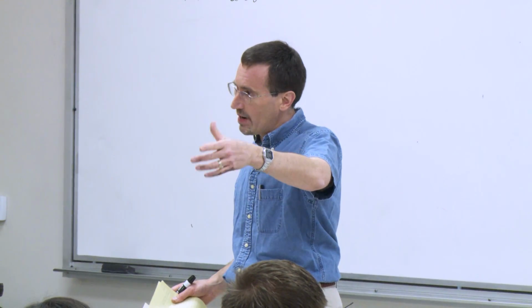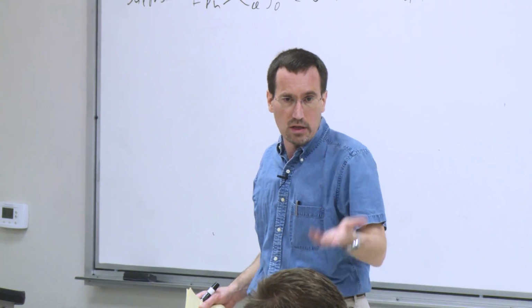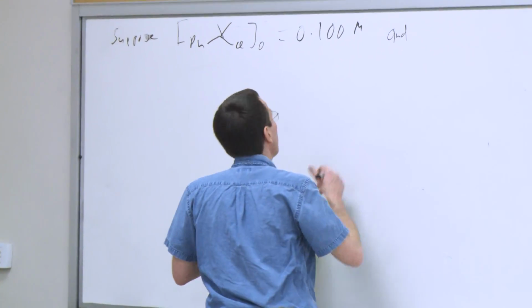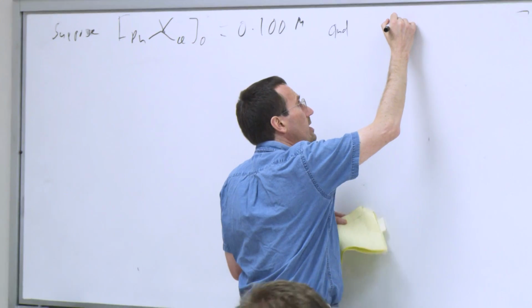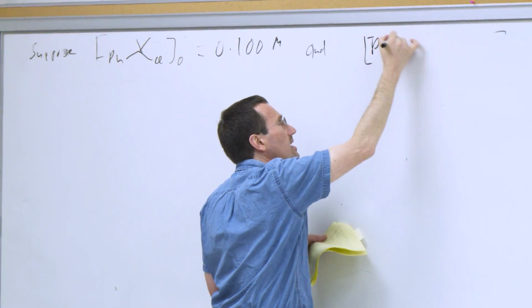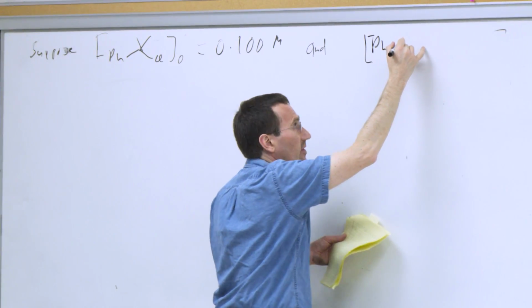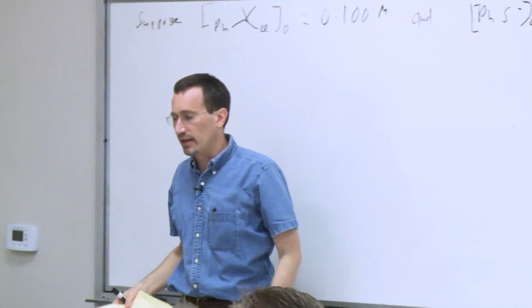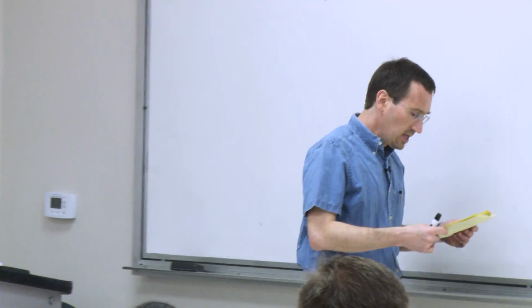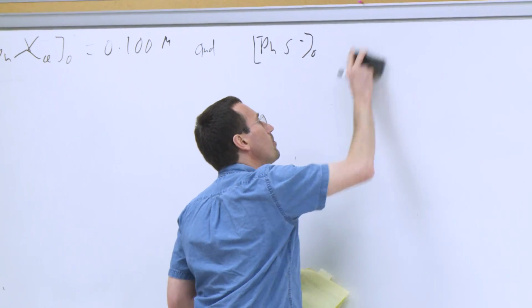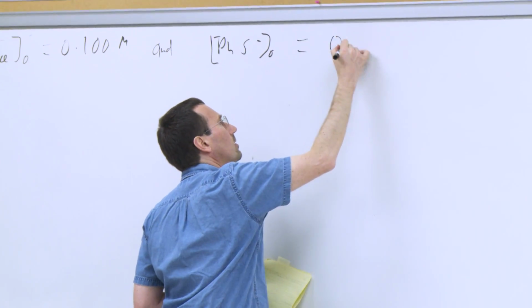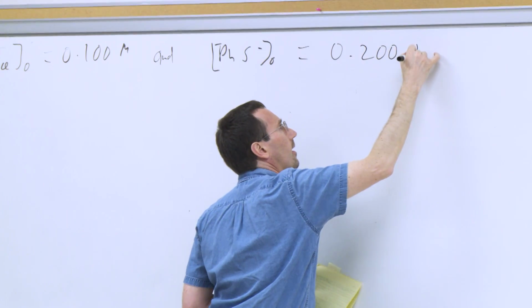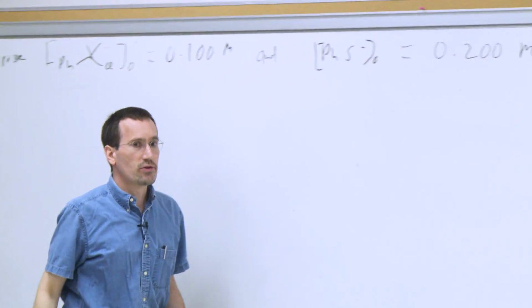So maybe 0.1 molar and then a little bit more. I'll just say 0.2 molar. That's probably how I would do this in the laboratory if my goal was to measure rates, just so that we didn't have any problems with running out. It turns out benzene thiolate air oxidizes very easily, so we could lose a little bit of it. So let's just say I run it at 0.2 molar for our initial concentration of benzene thiolate.